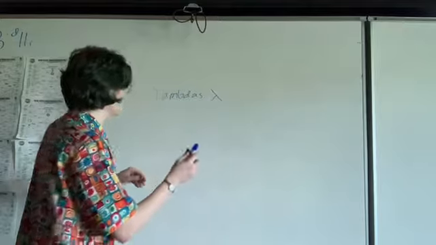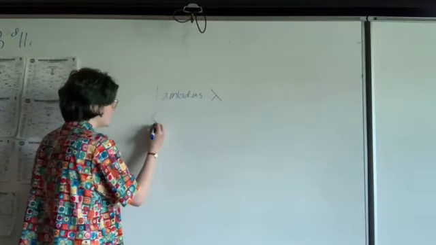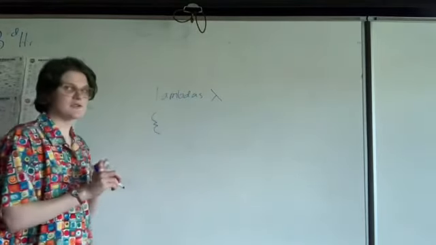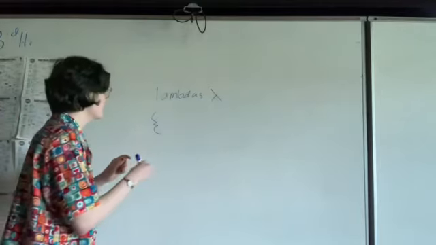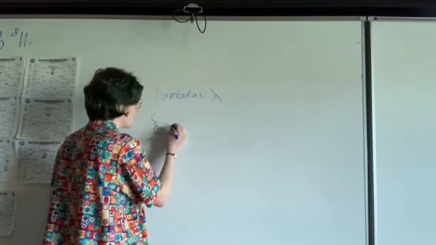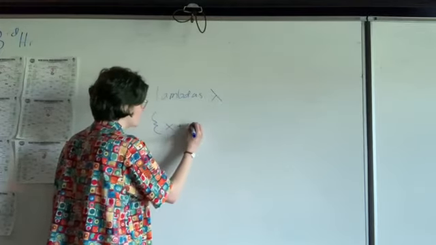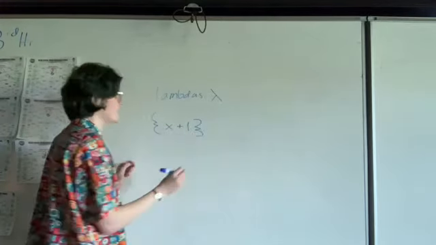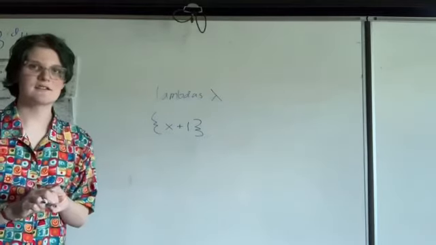You write them with curly braces. So if you remember that bit of code I showed you at the beginning, that was a lambda. So let's start with x plus 1. That's kind of a very basic lambda to get started with.